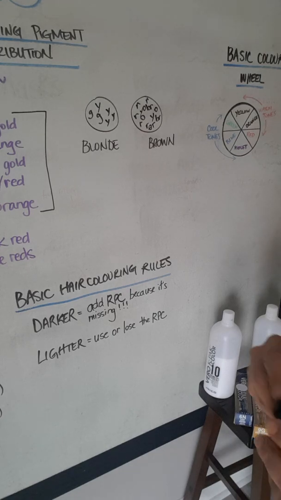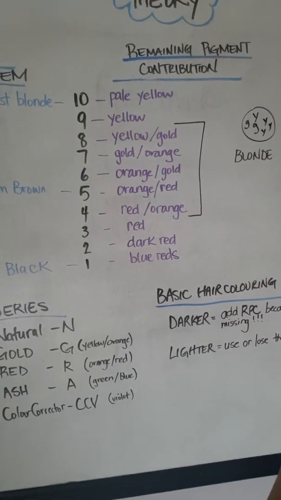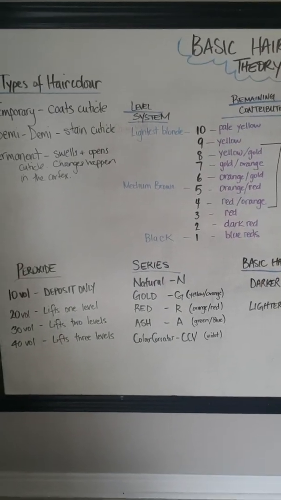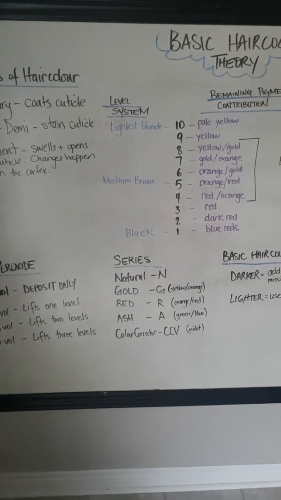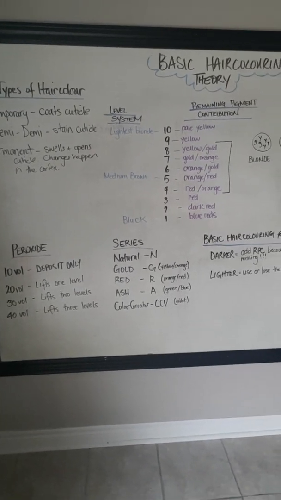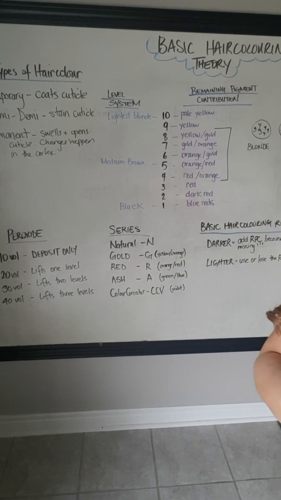Okay, so all of these chunks, all of these pieces are going to come together when we are creating formulas. But it's important to know all of these chunks because you need all of these pieces in order to create and solve hair coloring formulas.